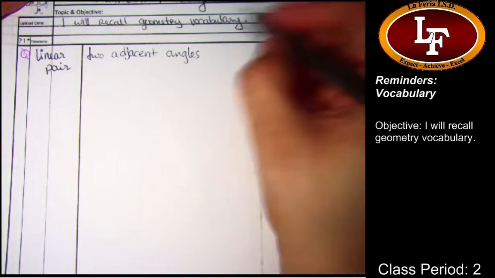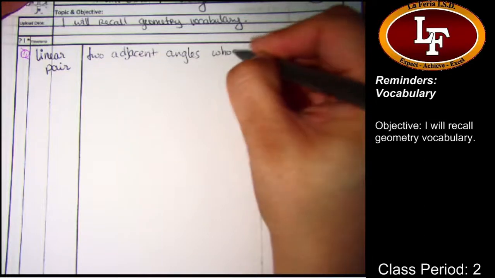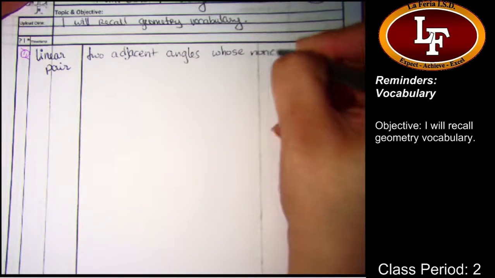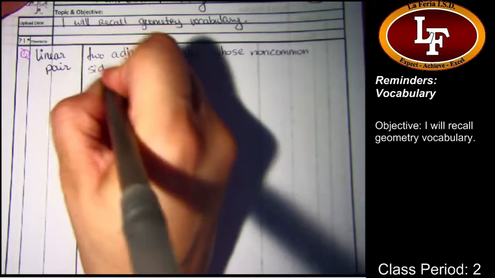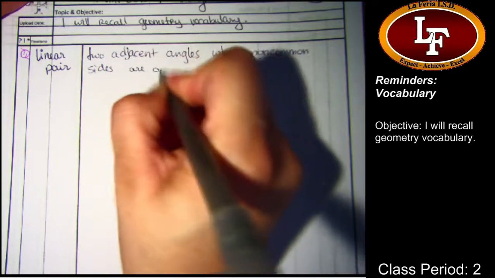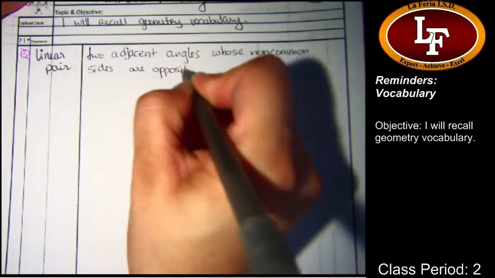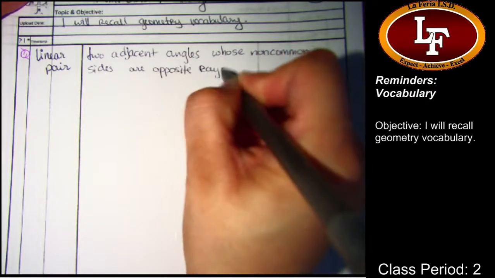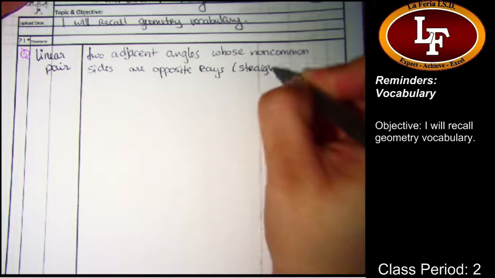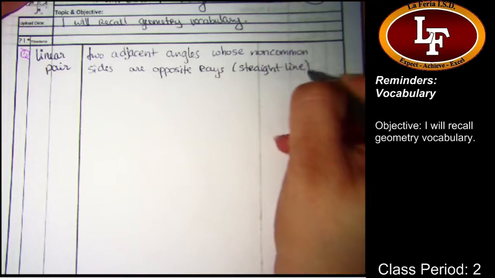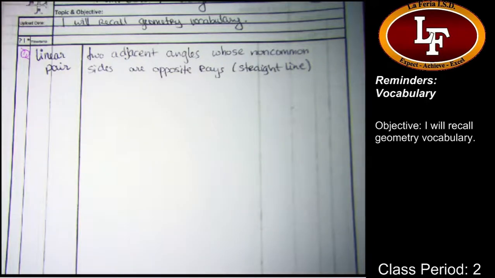Two adjacent angles whose non-common sides are opposite rays. Hey, that's a straight line, just like you said. All right, lovely. Linear pair.